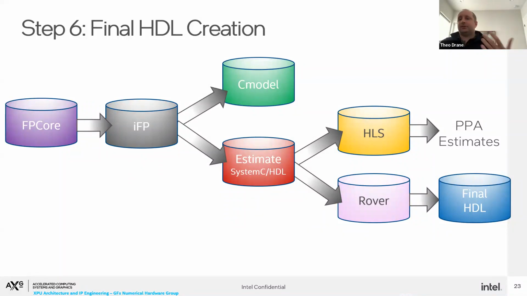So this is kind of step 6. Now, typically this is a manual thing. We may just take the PPA estimates, take all of the analysis that we've done, and then make the HDL by hand or refine the estimate HDL by hand. But here's one of the steps that it would take. So I've walked through what we're envisaging for the 6 steps of analysis.